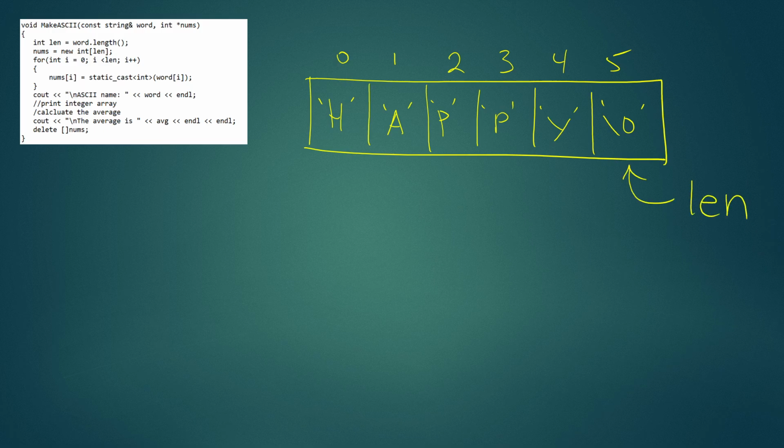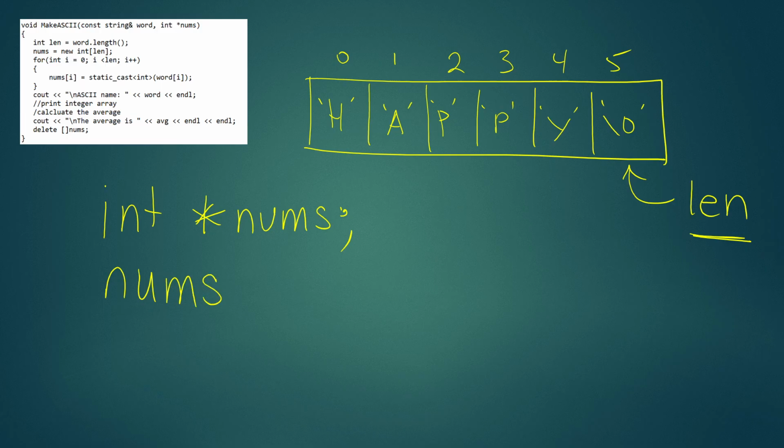So what you want to do is create another array. So you're going to have the length of this. You're going to have a pointer that's going to get declared when the function is called. And then you're going to create a dynamic array that's going to be that size.